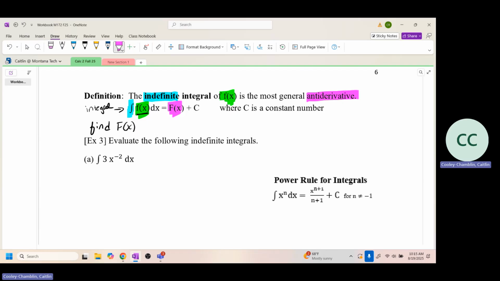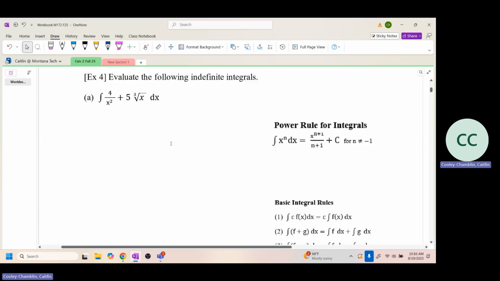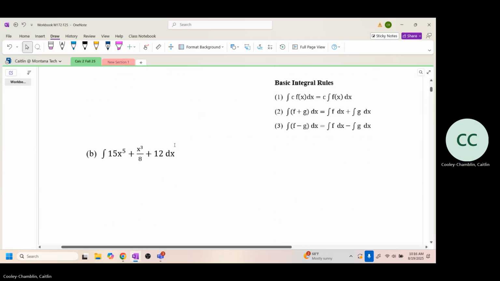And what we learned in the last problem is we need that plus c just to cover any constant that might be hanging around that we don't know about. Okay, so example 3 says evaluate the following indefinite integrals. And so we just have a bunch of indefinite integrals to go through.